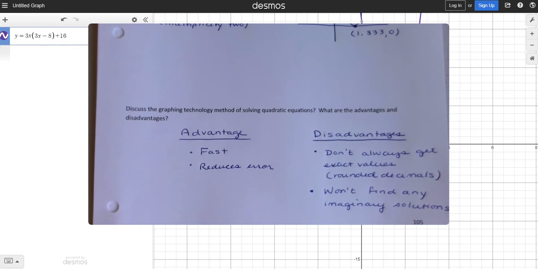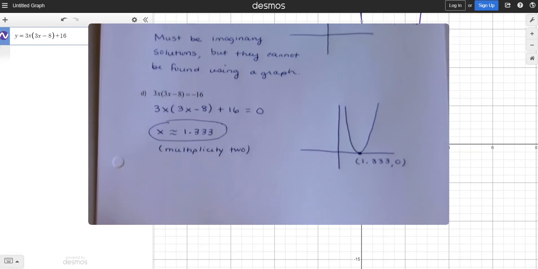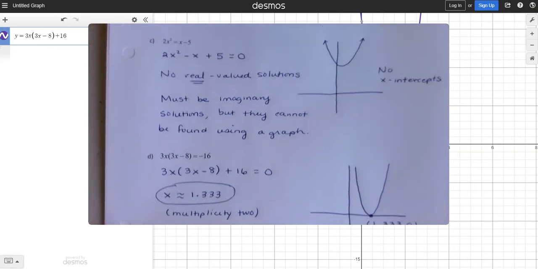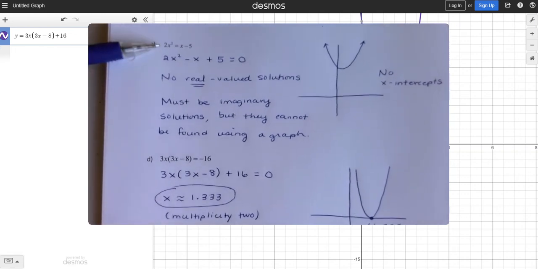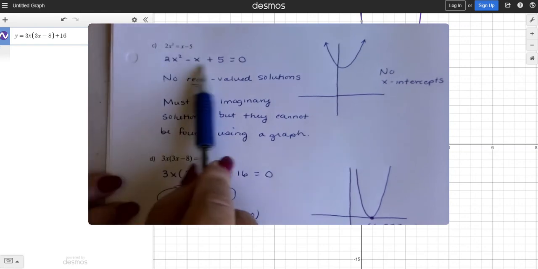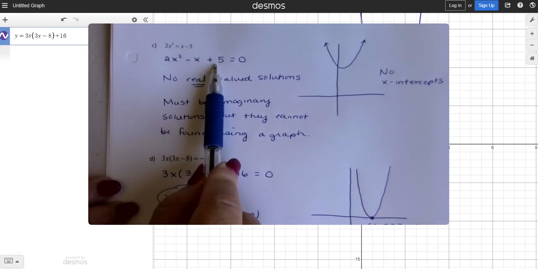Okay. Before I leave this section, I'll just mention, I won't list it as an advantage yet, but eventually we're going to see, is this method really specific to quadratic equations? Does it matter that this is quadratic, has an x squared? Not really, right? You could use Desmos to graph any equation or any function.